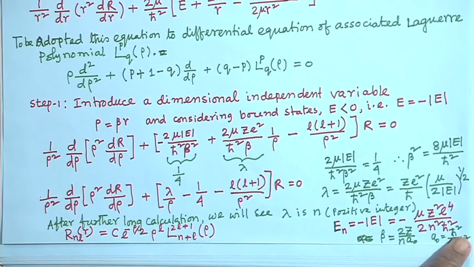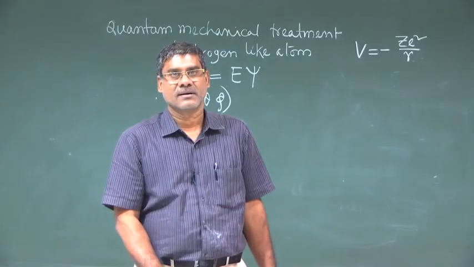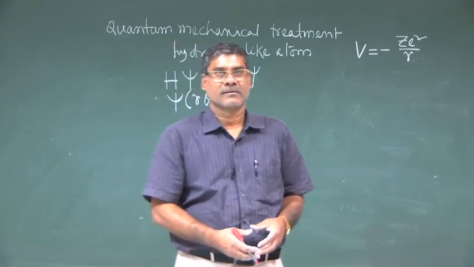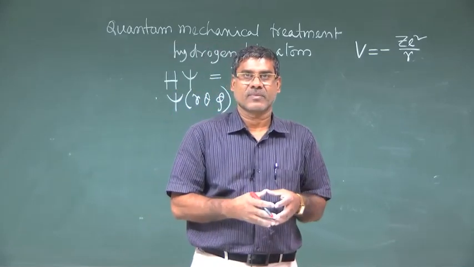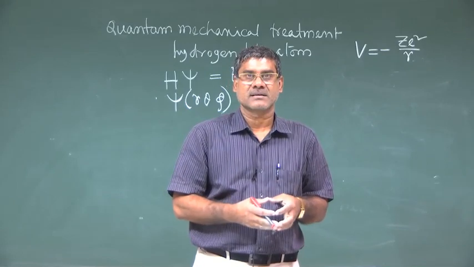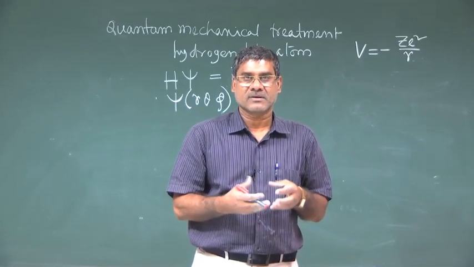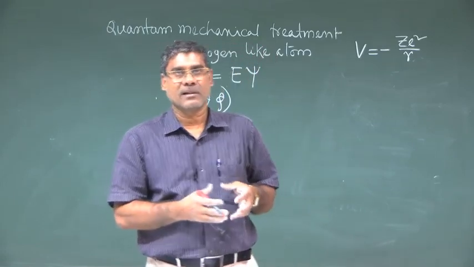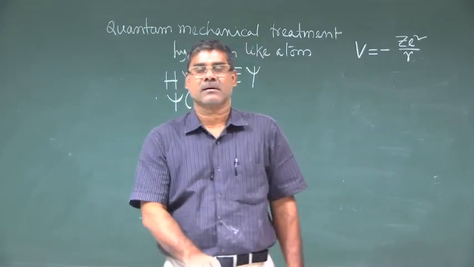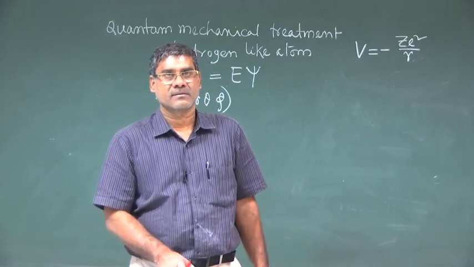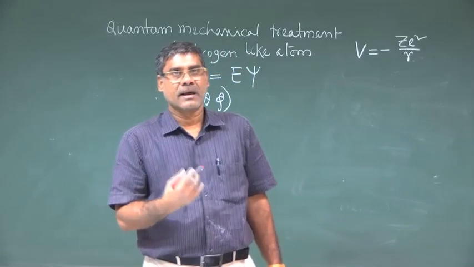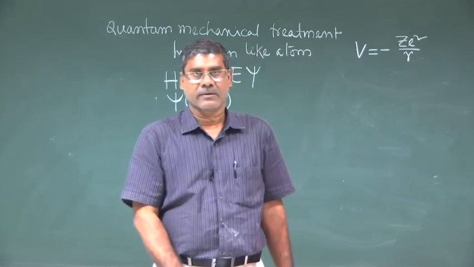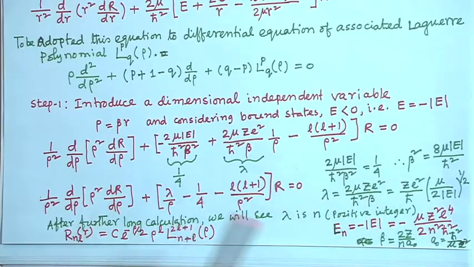From the Schrodinger equation, the energy of the system is quantized, and it depends only on the principal quantum number. It does not depend on L and ML, although when solving the Schrodinger equation, ML, L, N all come, but energy depends only on n. So, the same result as from Bohr theory.